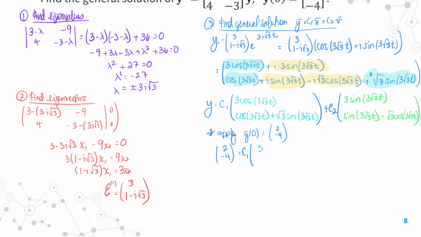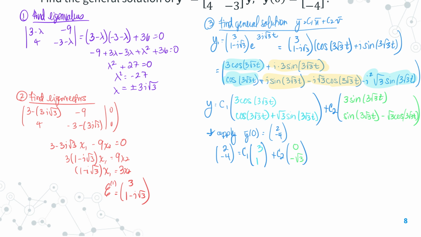Cosine of 0 is 1, plus root 3 times the sine of 0 is 0, so it's just 3, 1. Okay, and then plus c2, sine of 0 is 0, sine of 0 is 0, so then we get negative root 3 times cosine of 0 is 1. So we end up with a system now that says I have 2 is equal to 3c1 plus no c2, and we have negative 4 is equal to c1 minus root 3 c2.